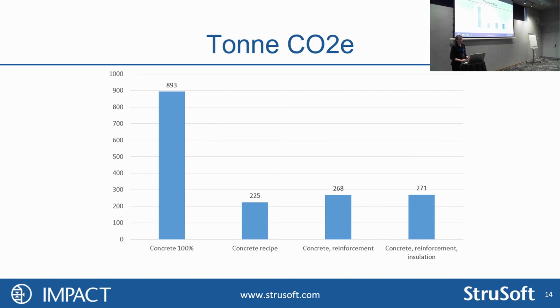These are the components I have in the recipe. In the third bar, I add the reinforcement to see how that affects the emissions. And in the fourth bar, I also include my insulation. In that way, you can test different alternatives to see how that affects the emissions, and to find a result that reflects reality.